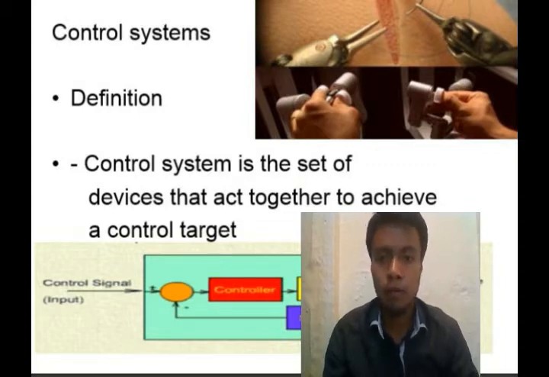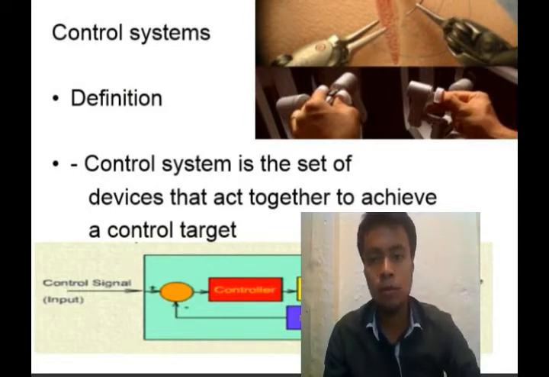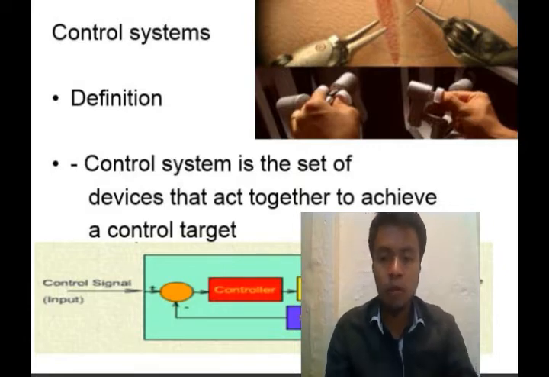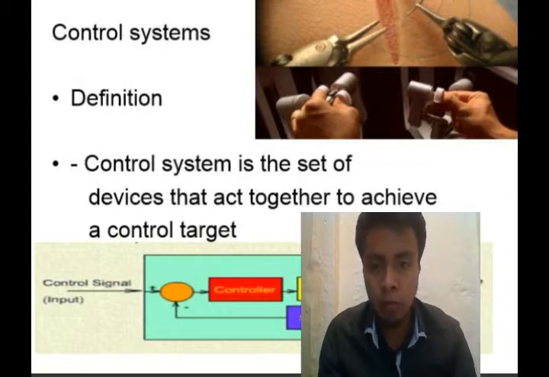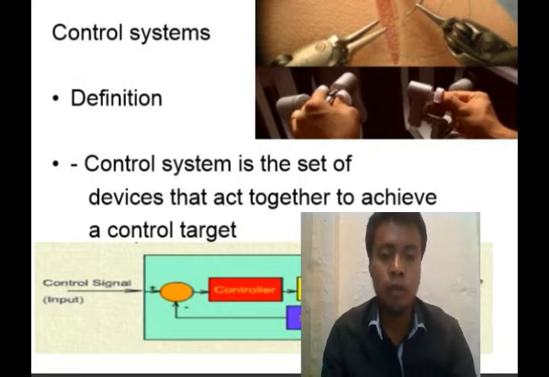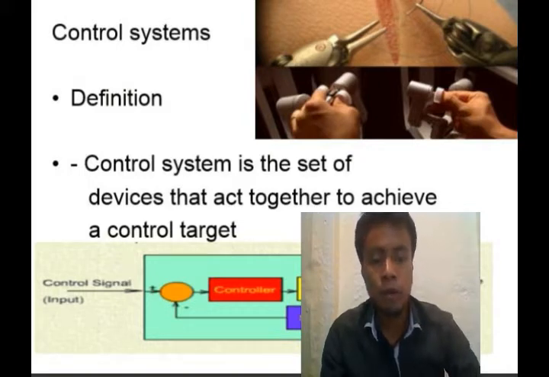In theory, the diagram is used to understand how the control process is performed. We can see in this diagram a control signal input and a circle. This circle is a subtractor, and there is a controller, a system, a sensor, and the signal output.